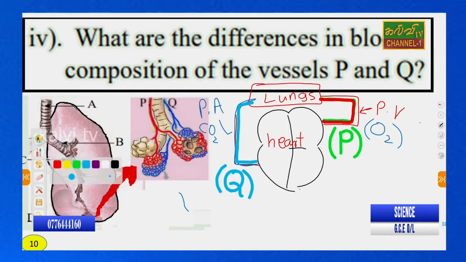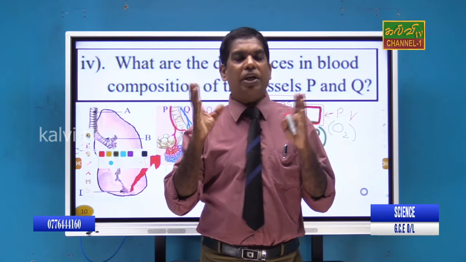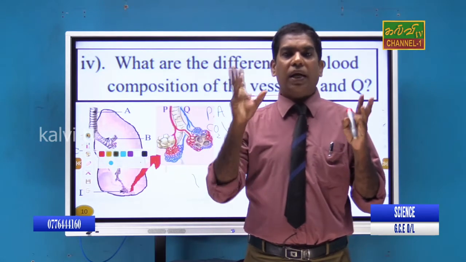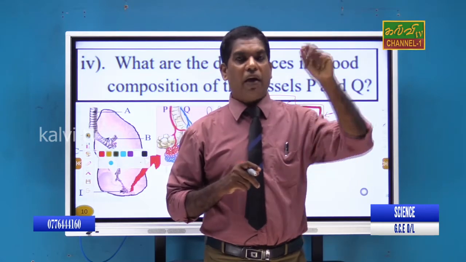Okay? Now we are aware of it. What are the differences in blood compositions of vessels P and Q? Actually, don't write the structure of the veins P and Q. Sometimes students may write the differences between artery and veins. Artery doesn't have valves, vein has valves.